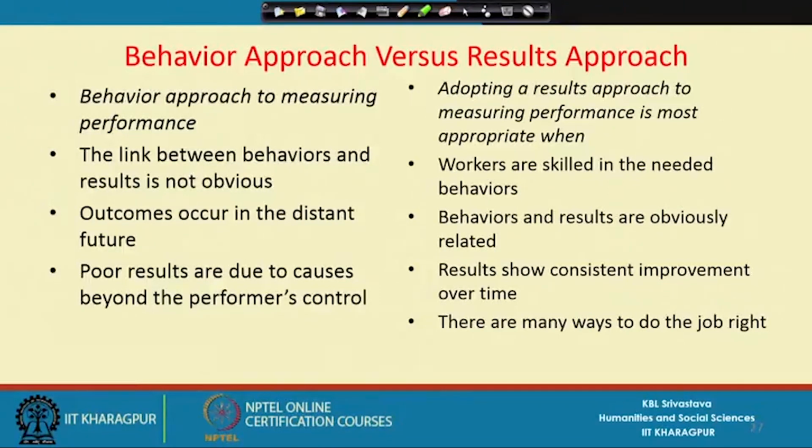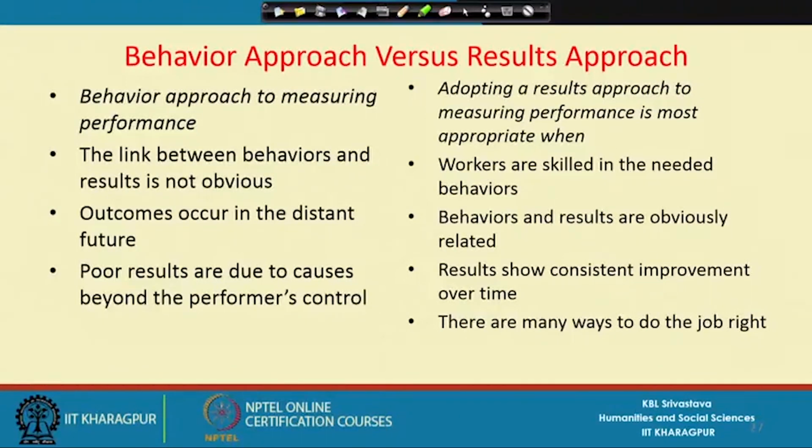Other issues, if you are adopting, say, a result approach to measure performance, what happens? If you are not skilled enough, then behavior may not be linked with the results. Though we try to see that yes, behavior is linked with the results, but which behavior? That is to be identified, and whether there is a consistent improvement over behavior or performance of the employees or not. And the point that we had discussed last, that yes, there is no single way to do a job, right.